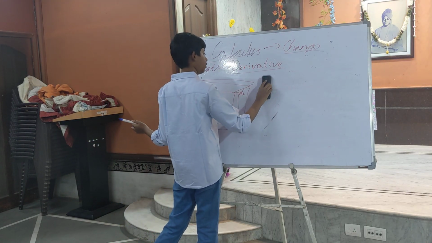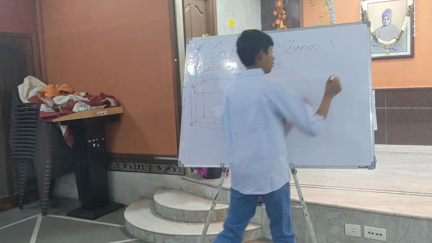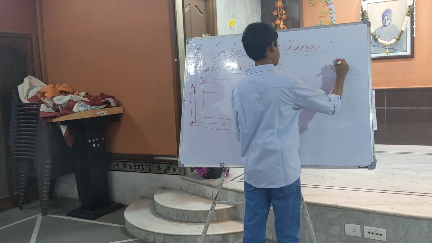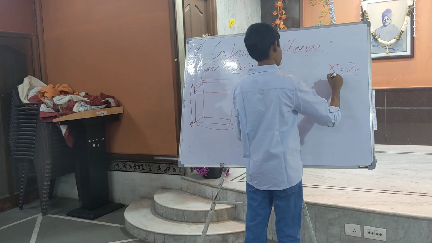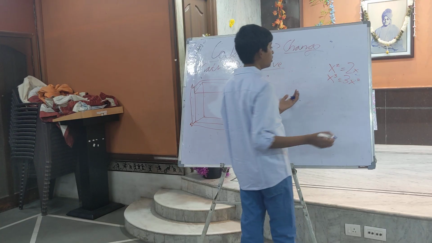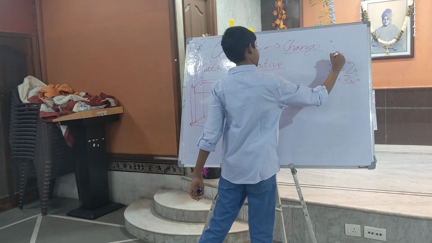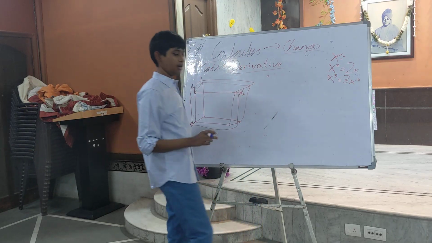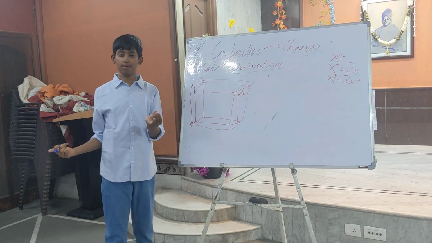So I will just write on the corner here the formulas we are aware of. We can see that the derivative of x squared is equal to 2x, and of x cubed is equal to 3x squared. Actually, I can add one more function here, x. x is just a straight line. y equals mx plus b, you can write x as 1x plus 0.